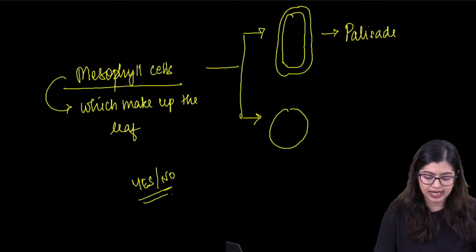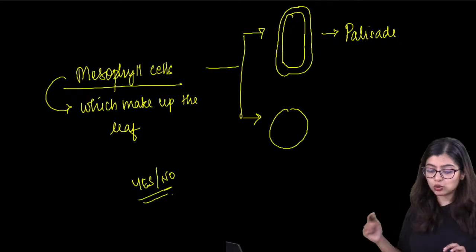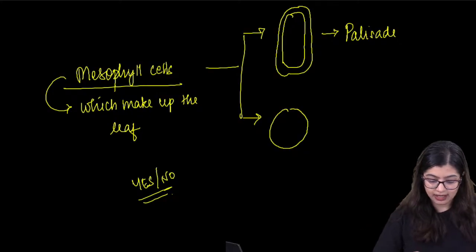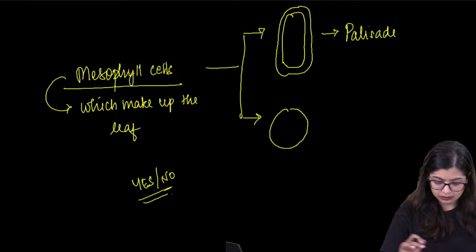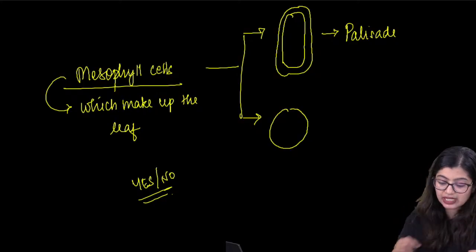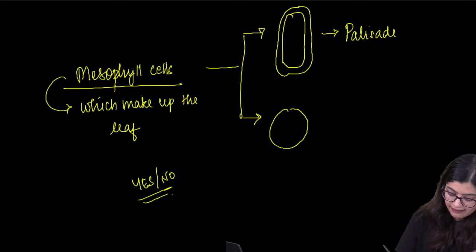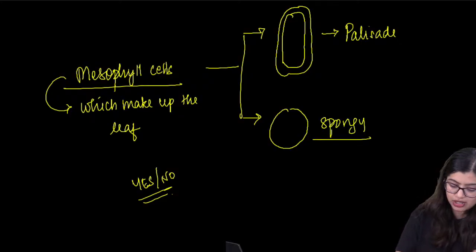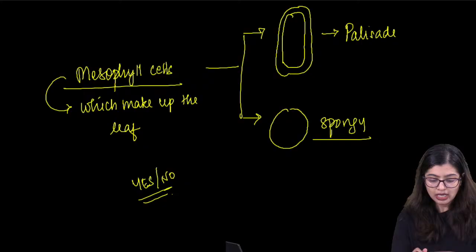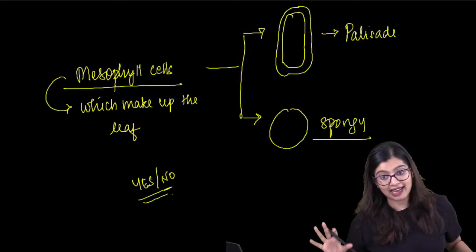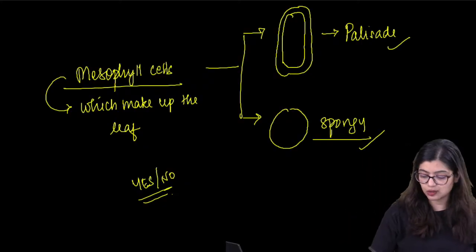That is acceptable, right? So in this particular case, what do we see? We see that there are two types. We have palisade mesophyll cells. Then of course we have another one which is going to be spongy, so we have your spongy mesophyll cells as well.